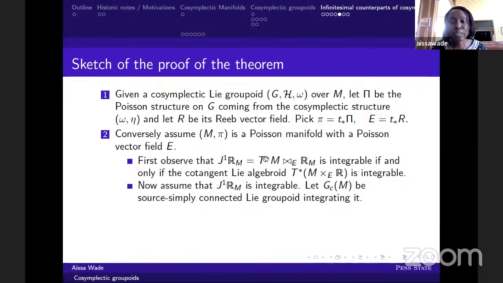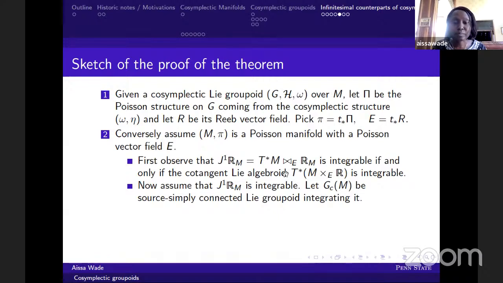And if this Lie algebroid is integrable, actually it would be integrable if and only if... so the Lie algebroid obtained by using... here, of course, I forgot to mention that because E is a Poisson vector field, E also will be a one cocycle for this Lie algebroid.